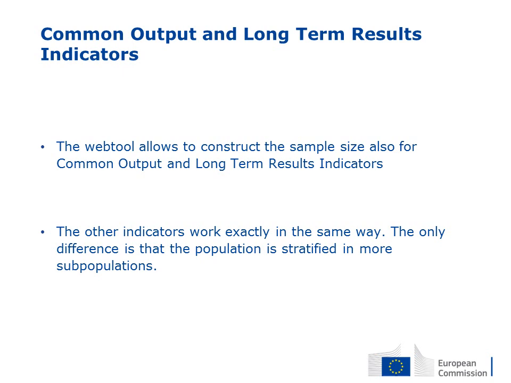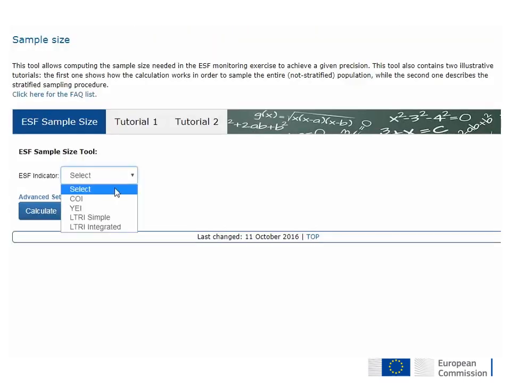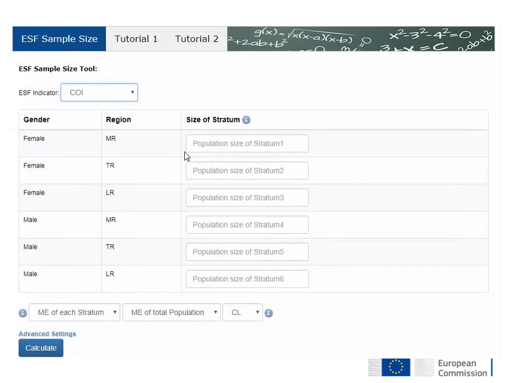The only difference is that the population is stratified in more subpopulations. For example, the sample for the CRIE indicator has to be constructed stratifying by gender and category of region with three mutually exclusive categories: more developed region, MR, transition region, TR, and less developed region, LR. In this example, we select Common Output Indicator among the ESF indicators.